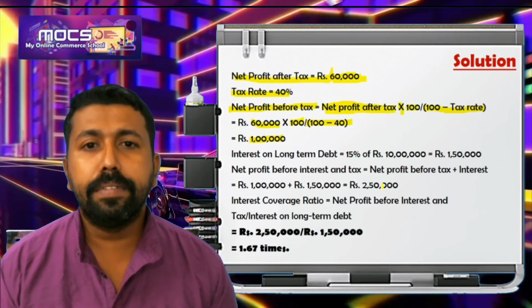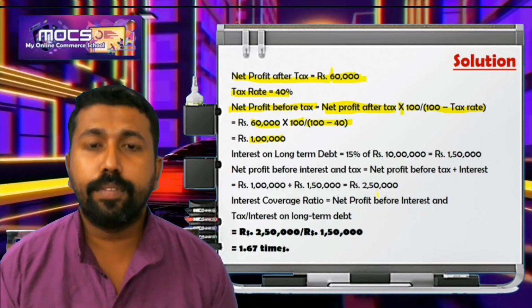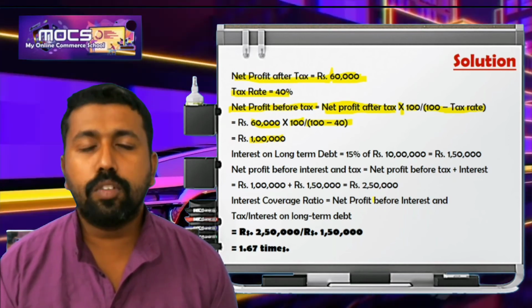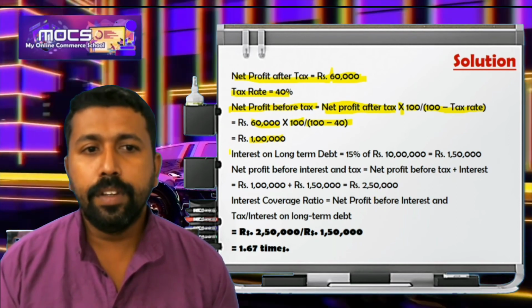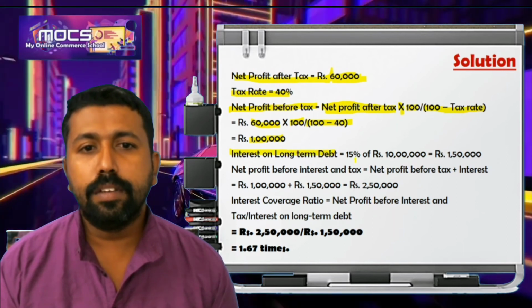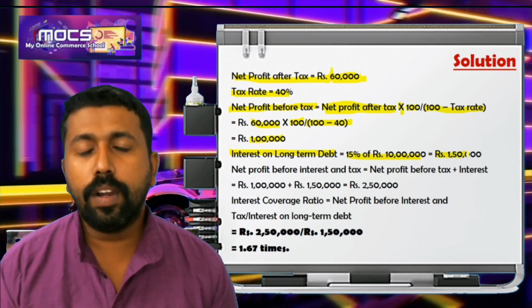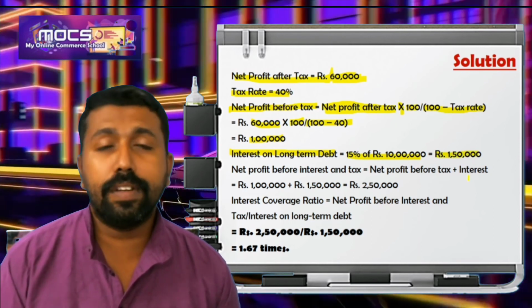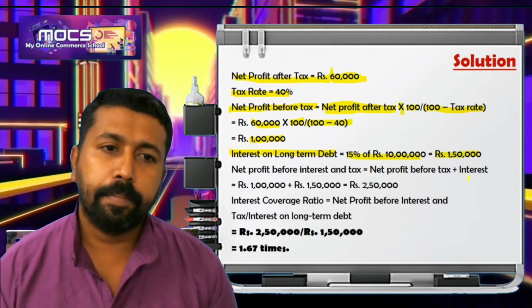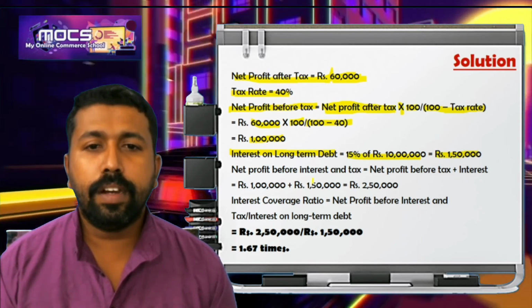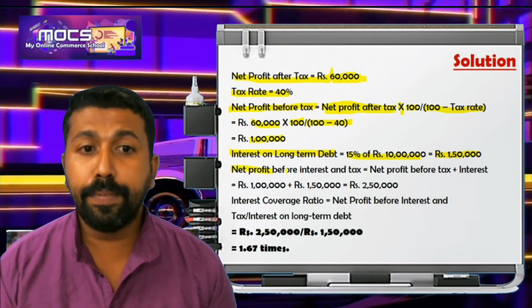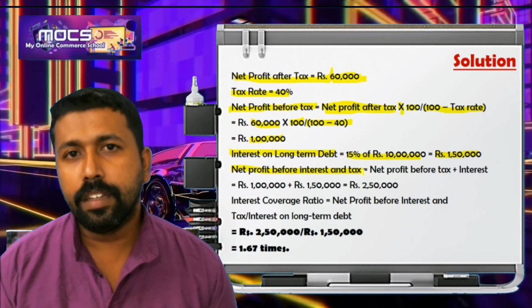That is the amount of debt for which we have to calculate the value of interest. So interest on long-term debt, 15% of rupees 10 lakh, that is 1,50,000, is the amount of interest paid during the year. And we want to find out net profit before interest and tax.